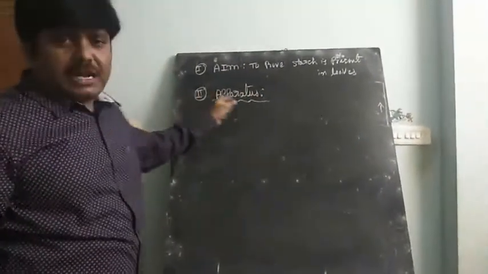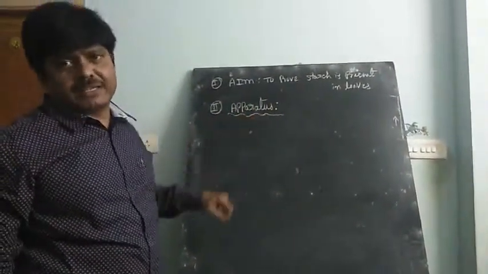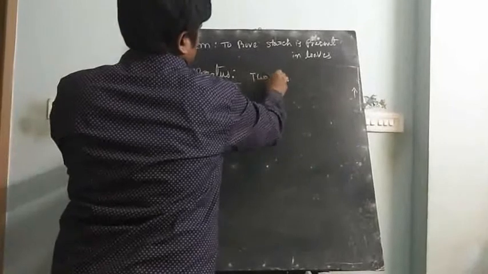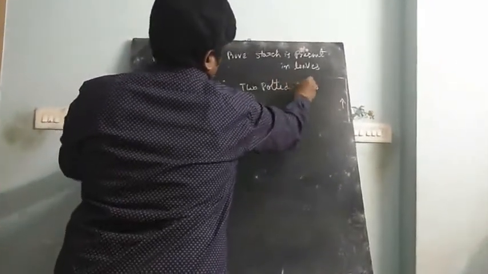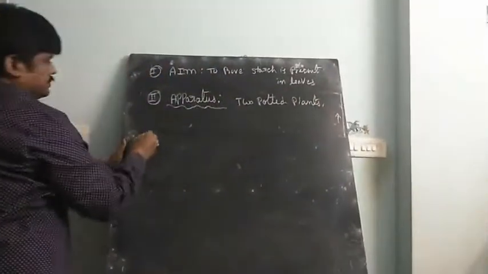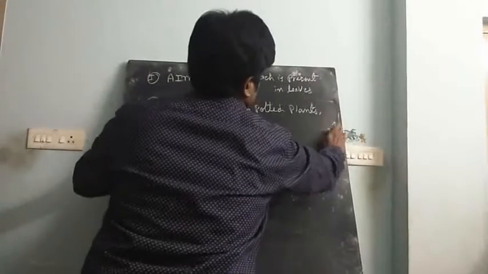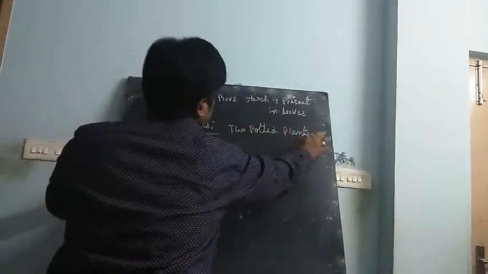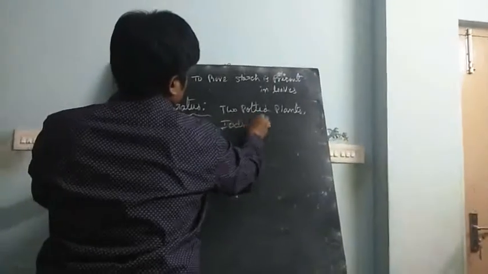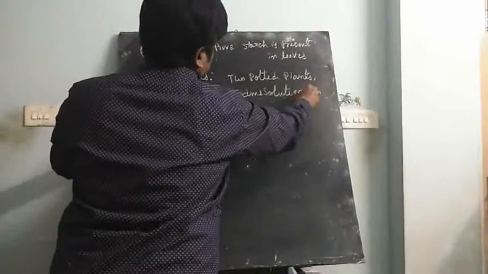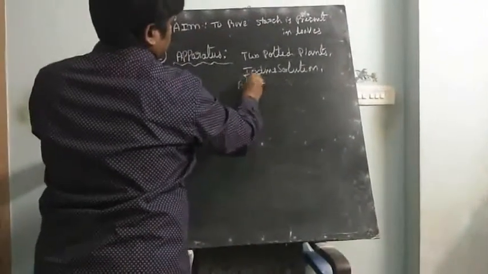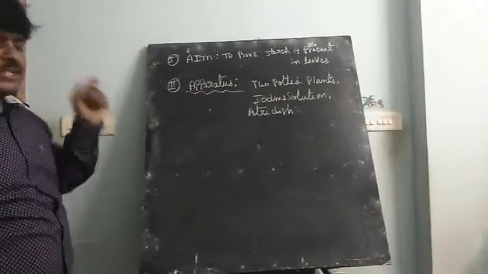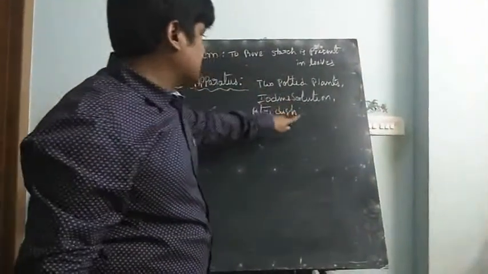Second is apparatus. The apparatus means the required materials: two potted plants, iodine solution, petri dish.